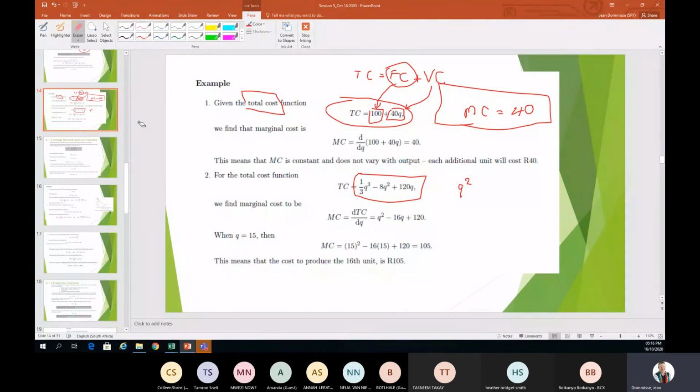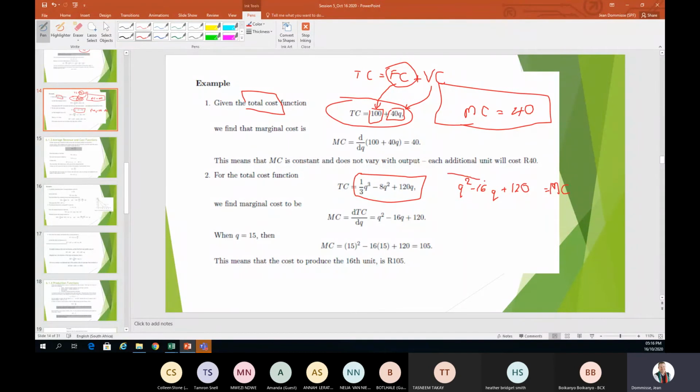We don't need to work with it. Minus 8 times 2 is minus 16. Q to the power of 2 will become Q. The plus 120Q will become plus 120. So that now is actually your marginal cost function.